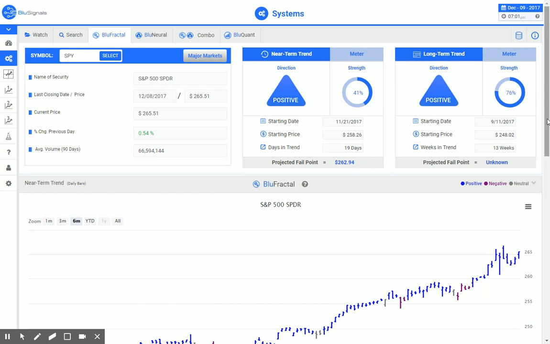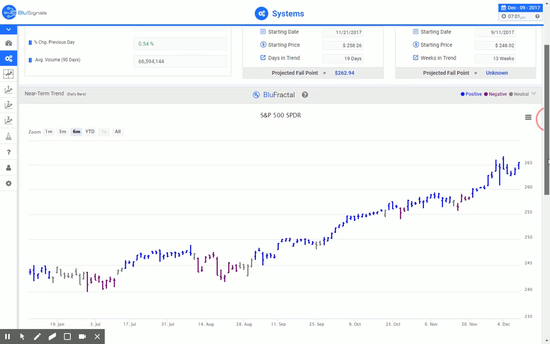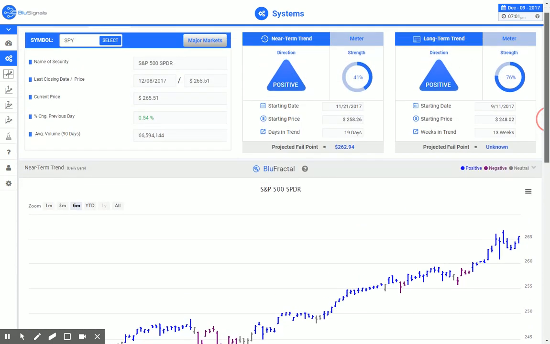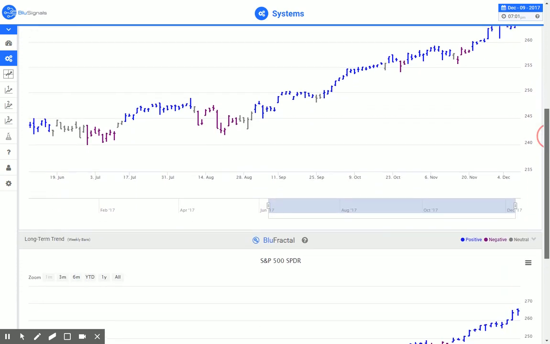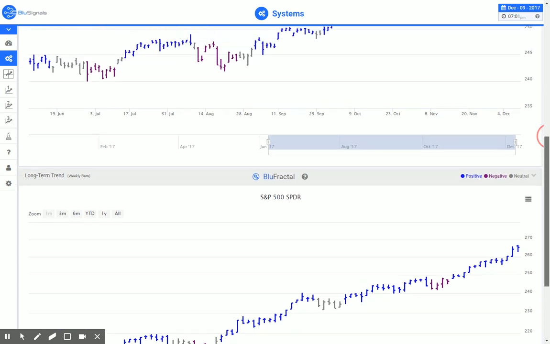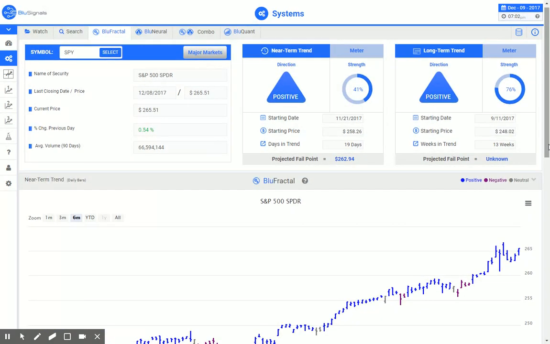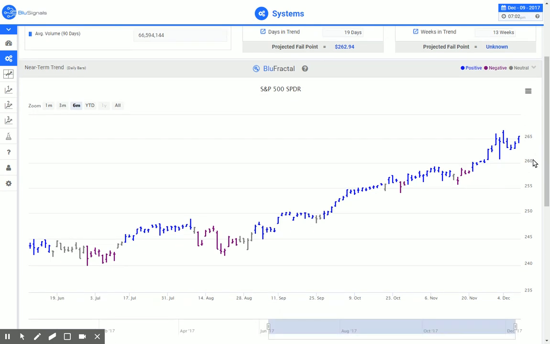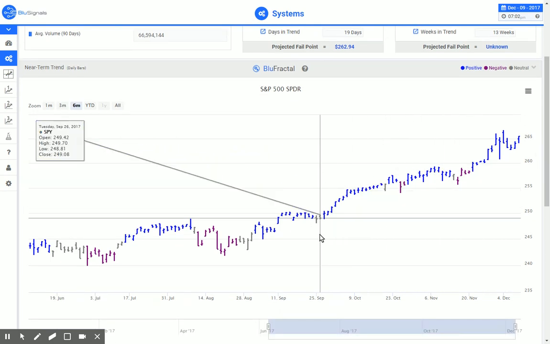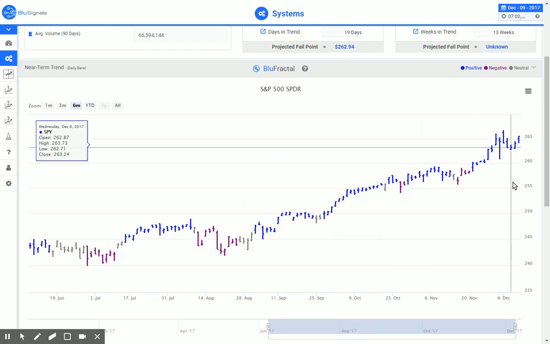So combining all of these various points of data between your meters, projected fail points, and the position and timing of the trend indicators on both the near and the long-term trend can give position and swing traders tremendous advantage in getting in early on a move and having the confidence to stay in a position.